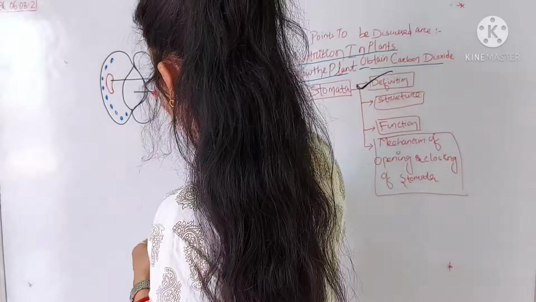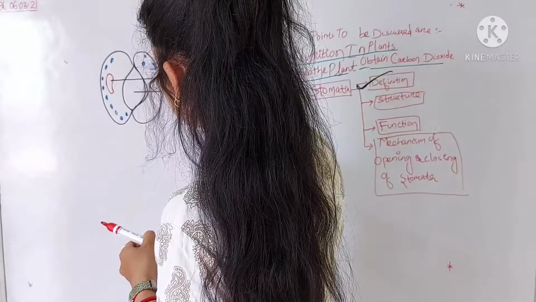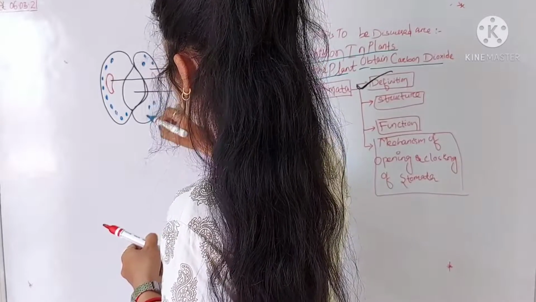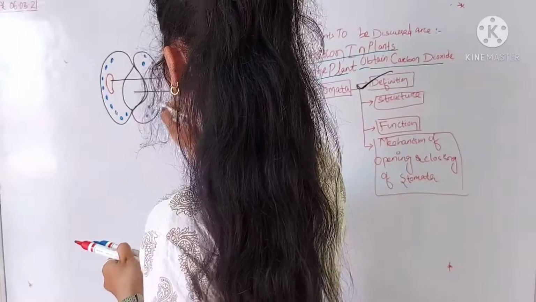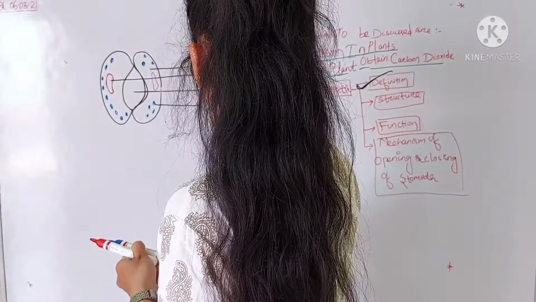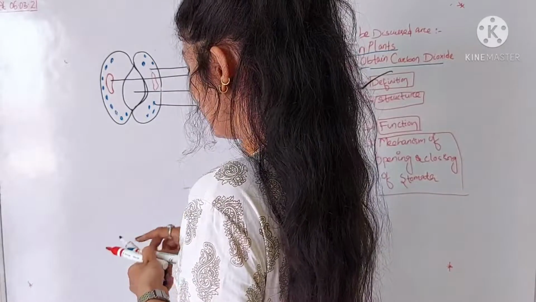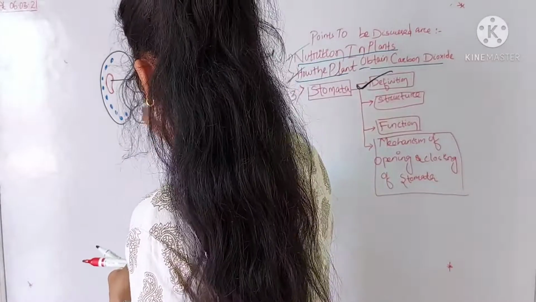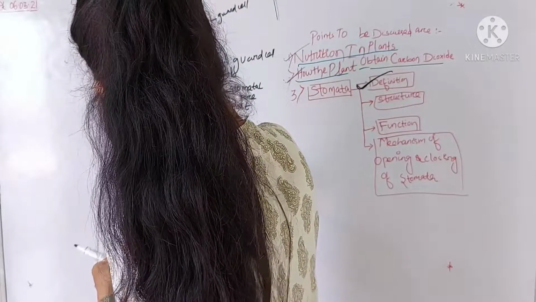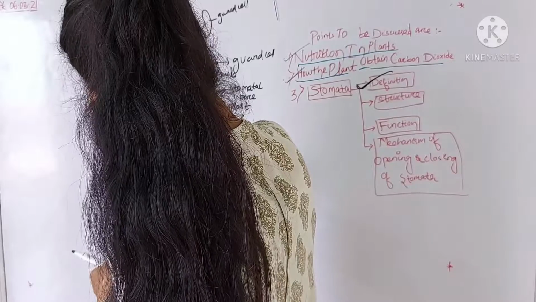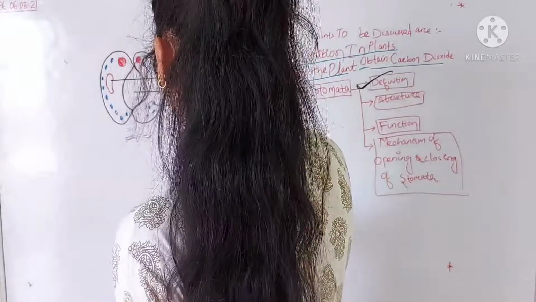Here also the vacuole is present, and several numbers of chloroplasts are present. So this is the vacuole and these are the chloroplasts. Similarly, inside the guard cell the nucleus is present.